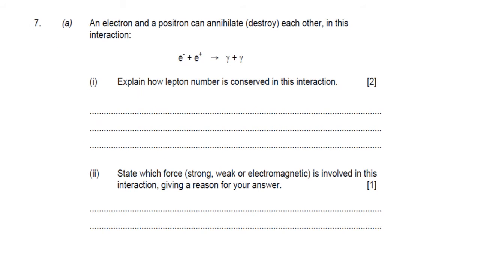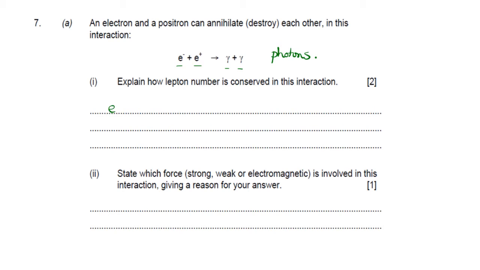Question 7a: an electron and positron can annihilate, destroy each other, in this interaction. So we have an electron, a positron, and two gamma rays, two photons. Explain how lepton number is conserved in this interaction. Remember, if it is a lepton, it's +1.